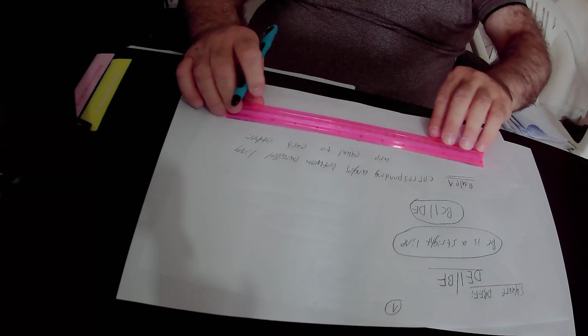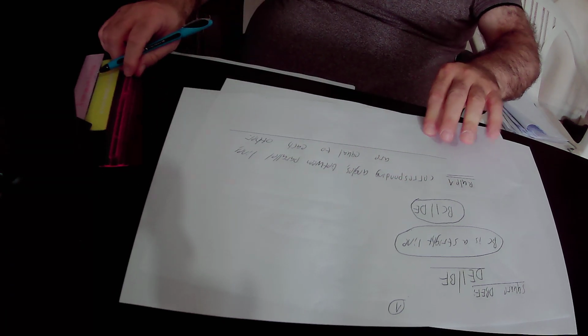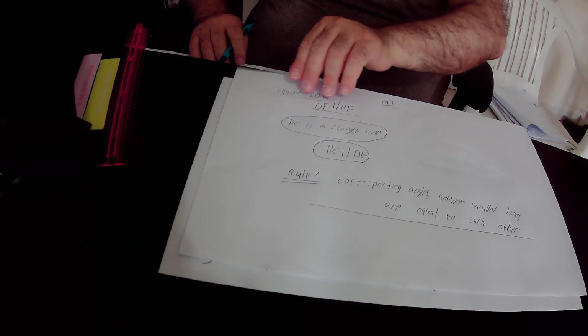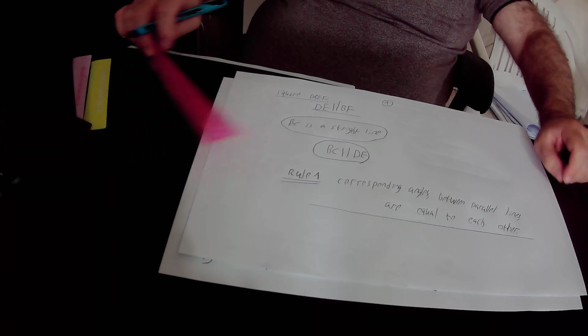Okay, so I repeat rule number 1 again: corresponding angles between parallel lines are equal to each other.